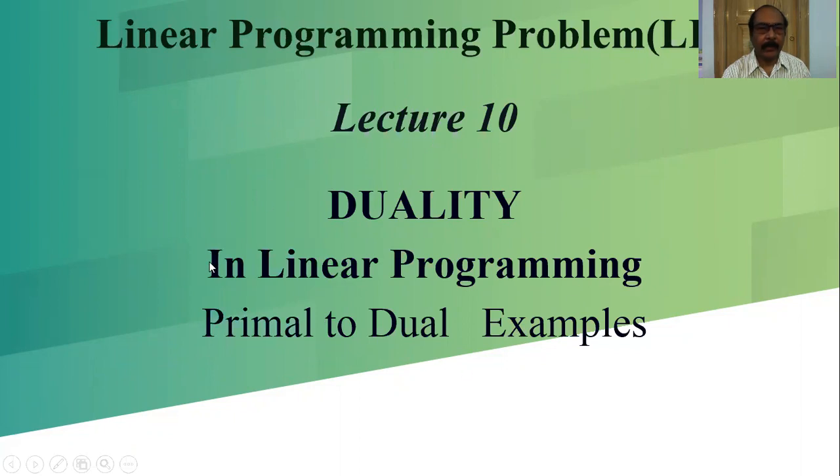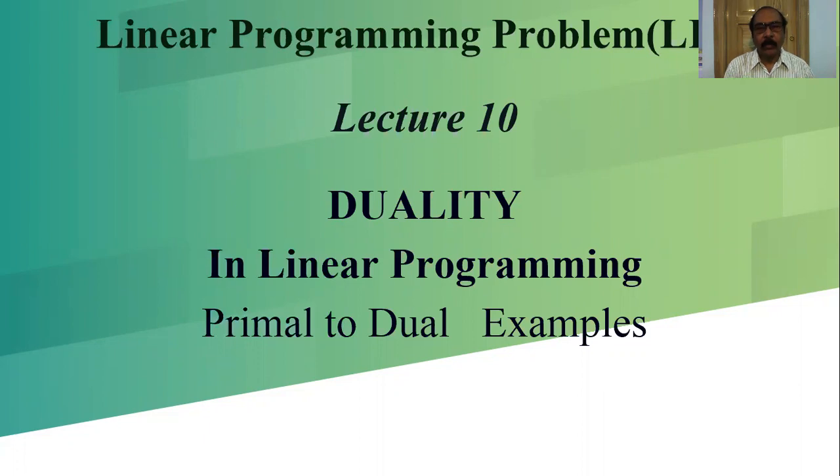In the previous class we already discussed how to find the dual from the primal of a linear programming problem. Today we also discuss a few examples, very special types of examples where one inequation is basically an equation and one variable is unrestricted in sign.